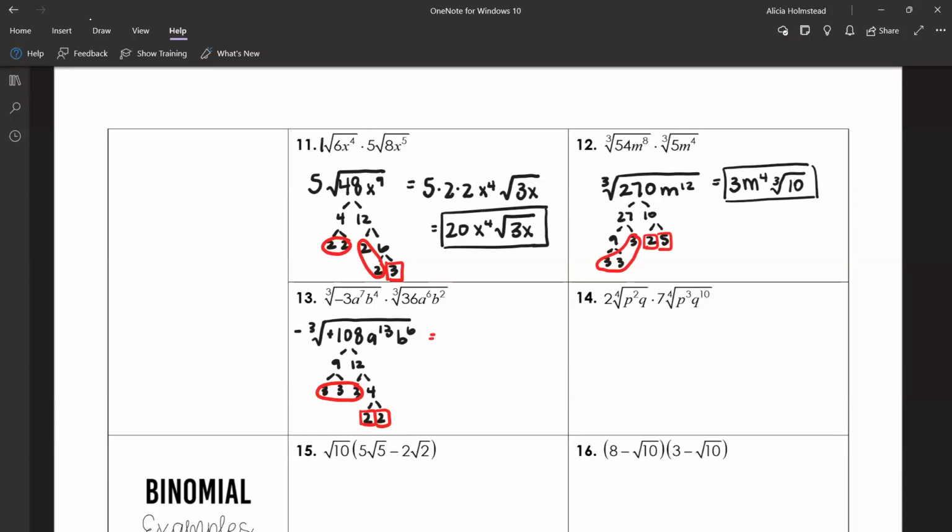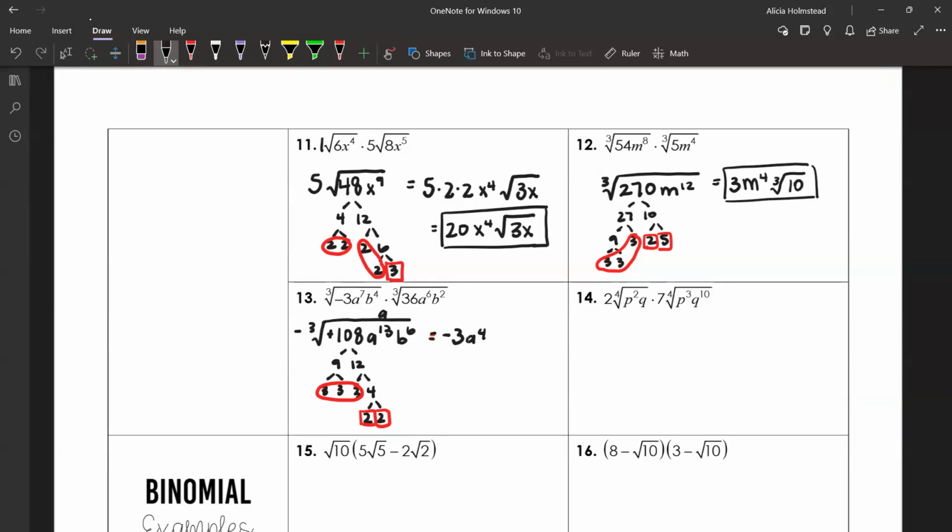So if we rewrite this, we'll have the negative that we moved out front and the 3 from our group. There's 13 a's, which is 4 groups of 3 with 1 left over.